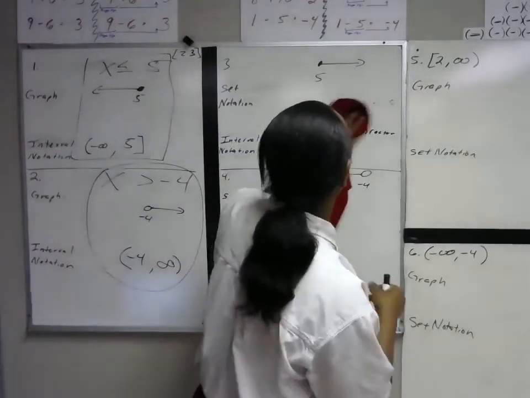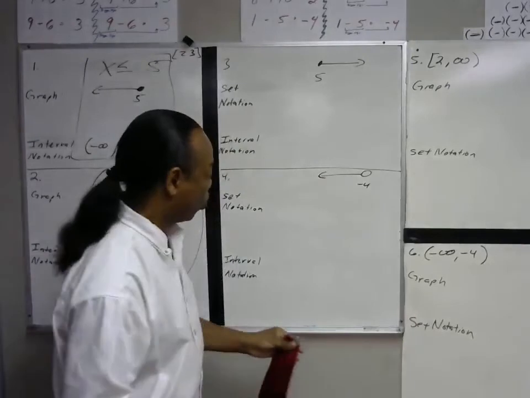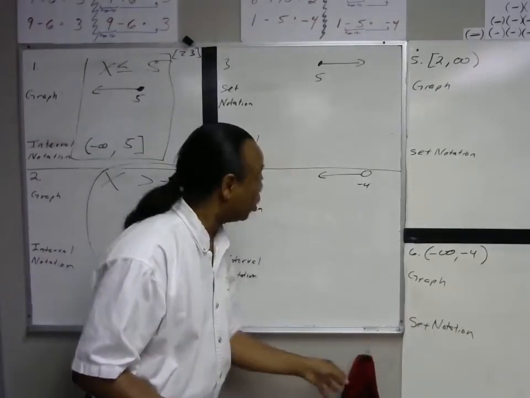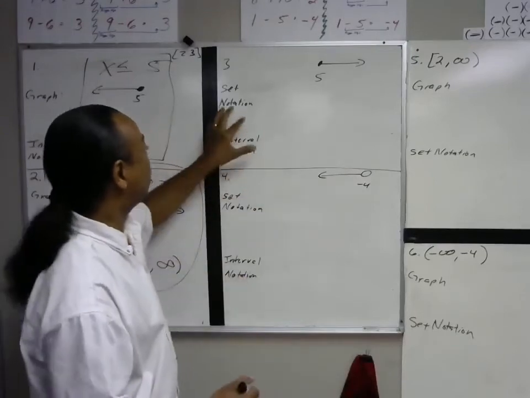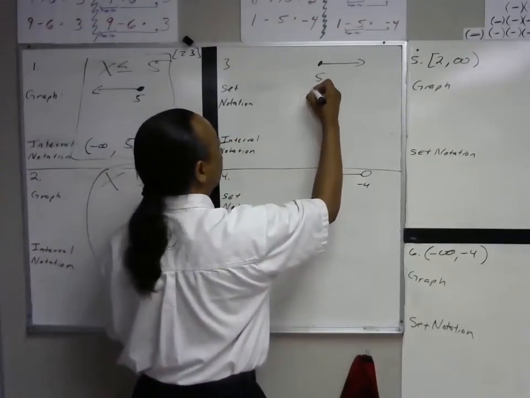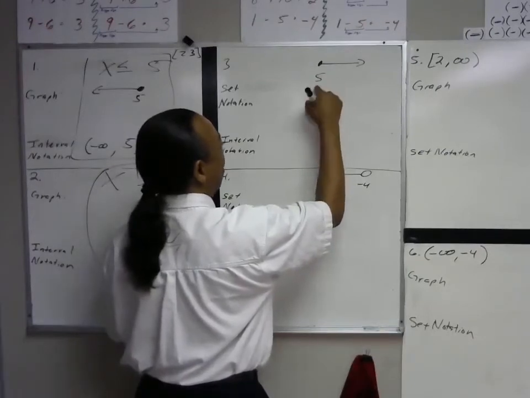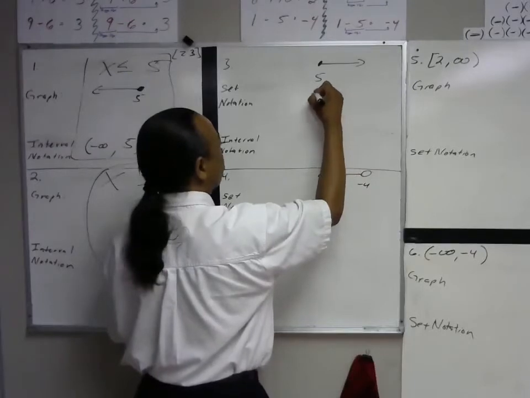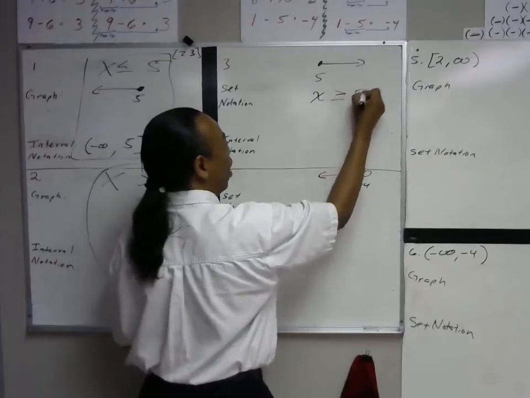Now let's look at this one. We're starting off with the graph at 5 and then to the right. So the set notation for this would be, let's see, 5 and then greater. So this is x is greater than or equal to 5.